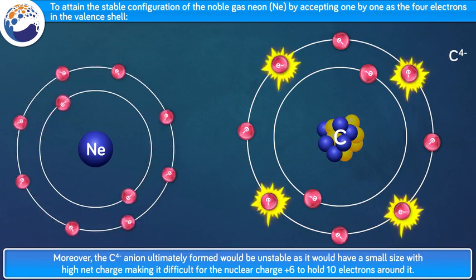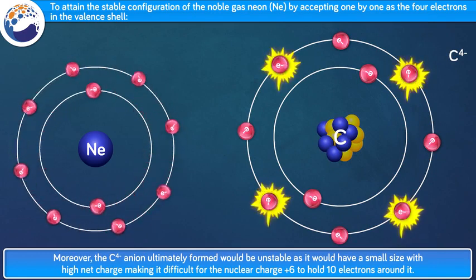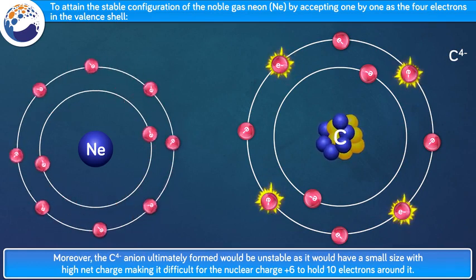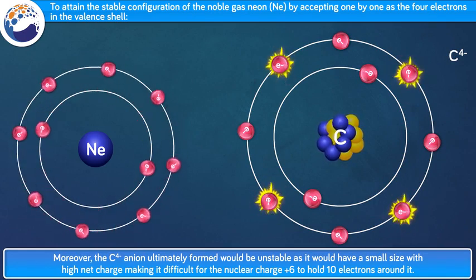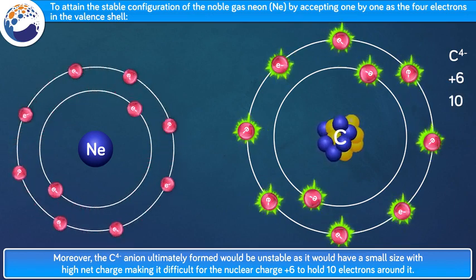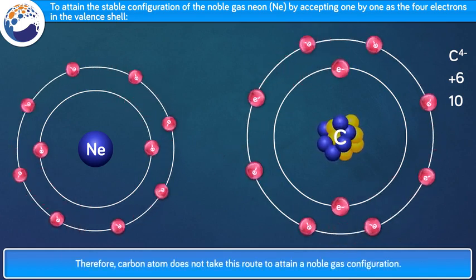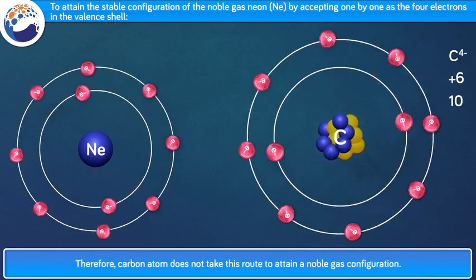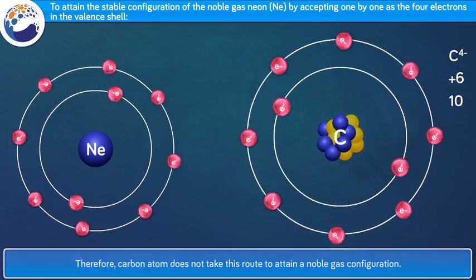Moreover, the C4- anion ultimately formed would be unstable as it would have a small size with a high net charge, making it difficult for the nuclear charge of +6 to hold 10 electrons around it. Therefore, the carbon atom does not take this route to attain a noble gas configuration.